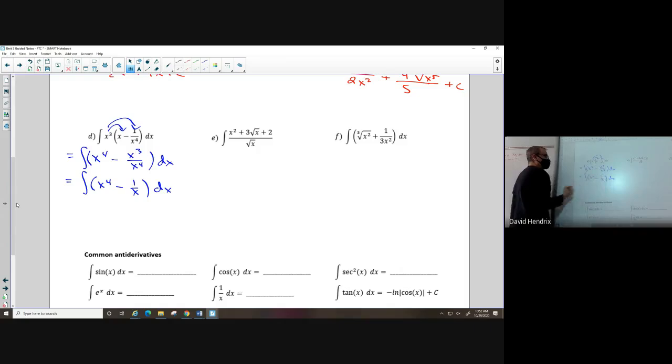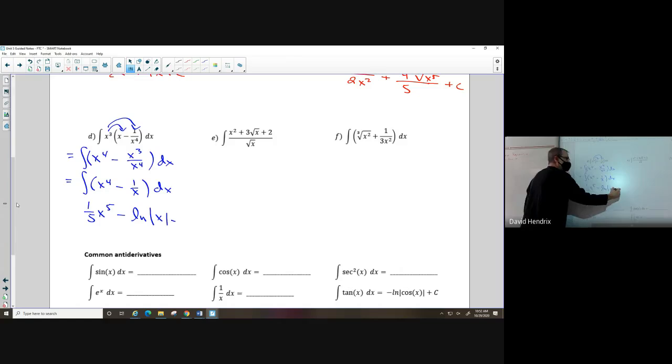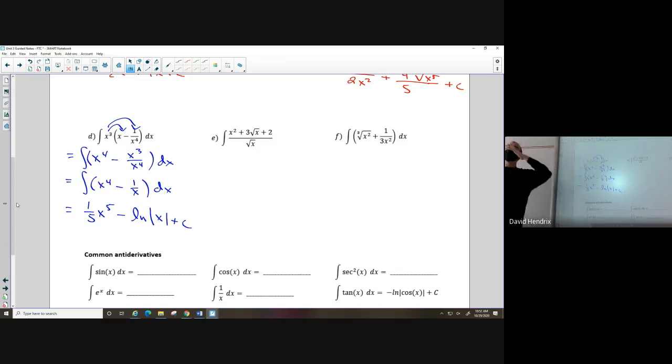And so when I take this antiderivative, we're going to end up with what? x to the 5th over 5 minus natural log of the absolute value of x, plus c. So you're going to have to make sure you can't have any factors.